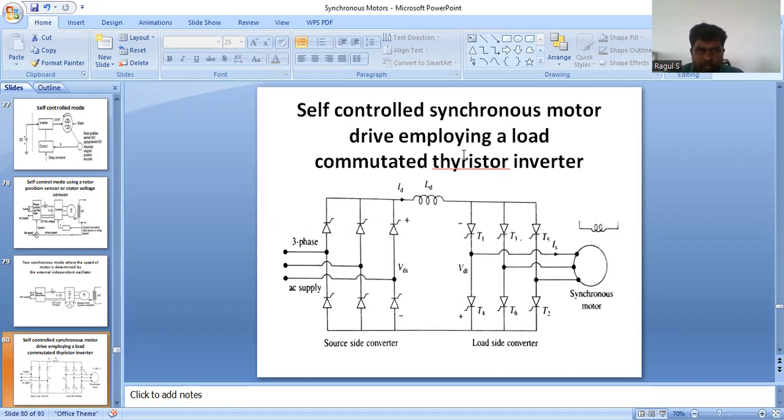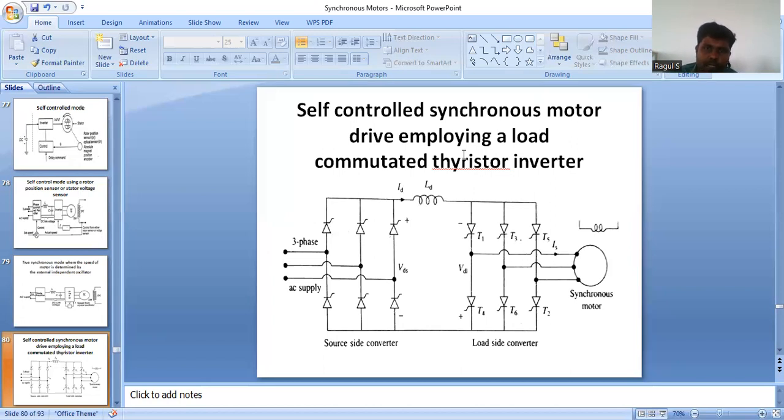In this diagram we can clearly understand. The three-phase AC supply is fed to the source side converter, which converts AC to DC. Again, that inductor smooths the output voltage of the converter. That pure DC is fed to the inverter, which converts DC to AC. That AC is fed to the synchronous motor.